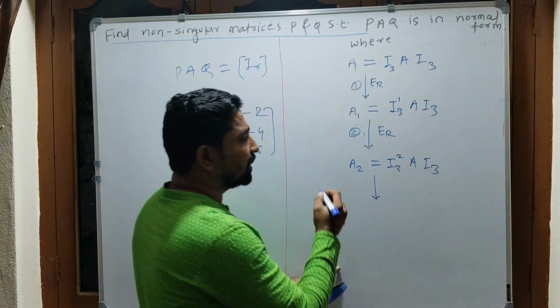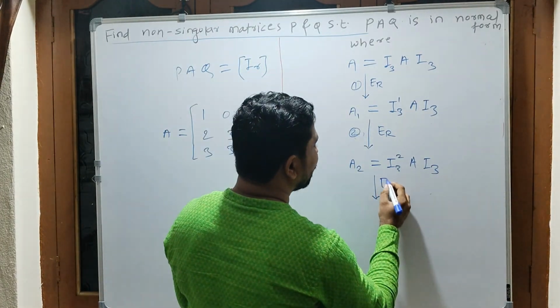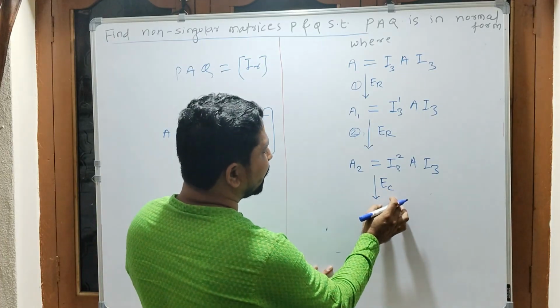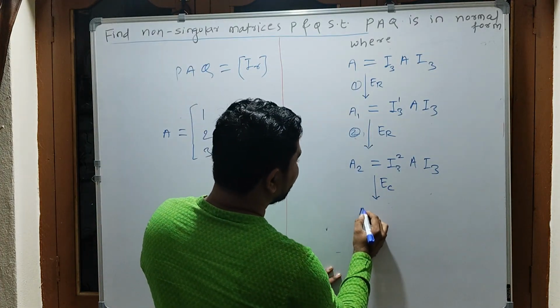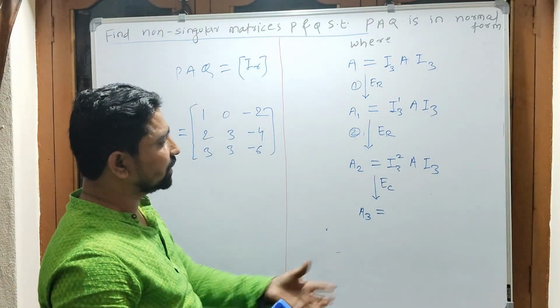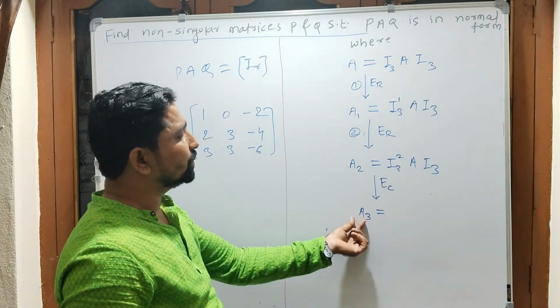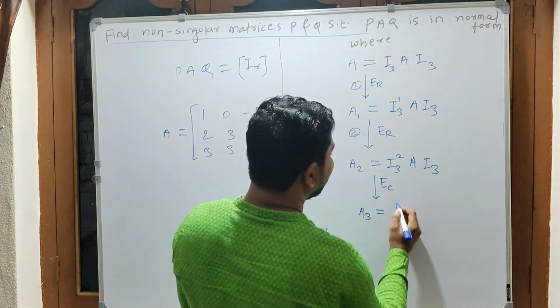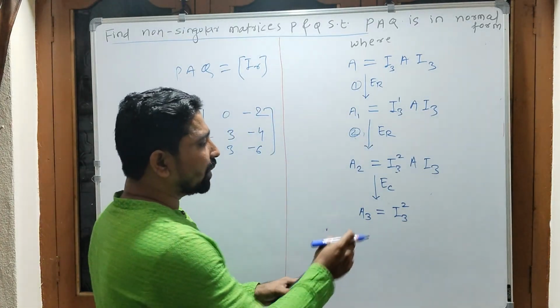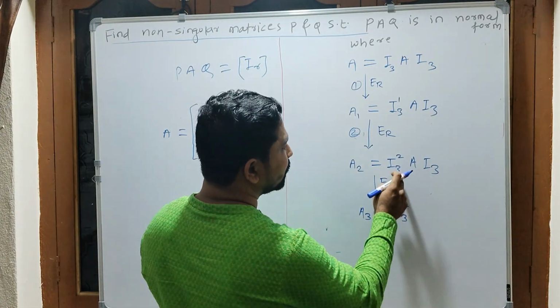So for example, at this time, let's say I am applying the elementary column operation. After applying elementary column operation to this A2, let's say A2 becomes A3, and this I3 remains the same. Here I am applying elementary column operation, so this is the same.